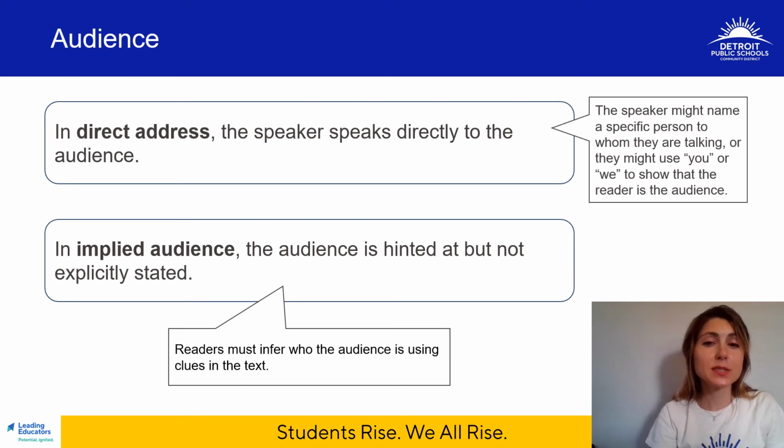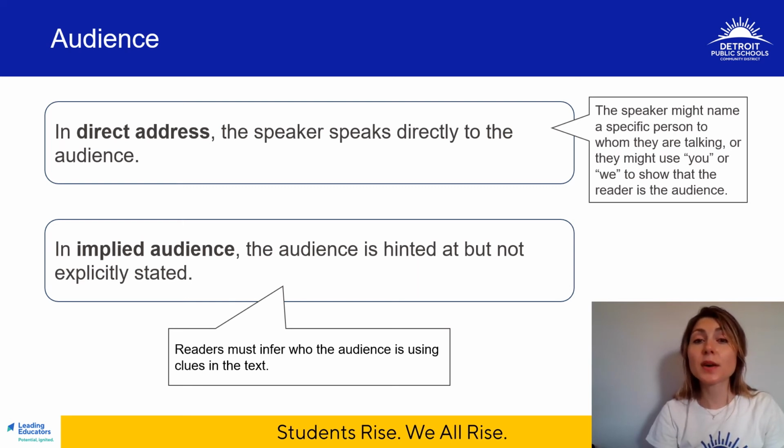So in addition to a speaker, a poem might feature a specific audience. Poets leave clues to help readers determine who the audience may be. For example, a speaker uses direct address to speak directly to an audience. Speakers might name a specific person, or they might choose to use pronouns such as you and we to invite readers in to think of themselves as part of the audience.